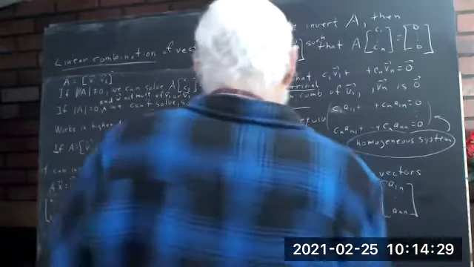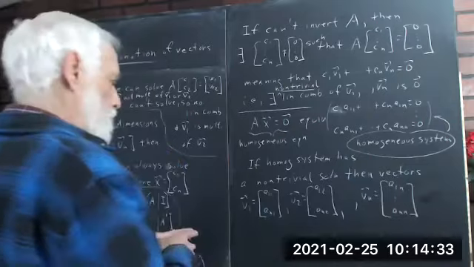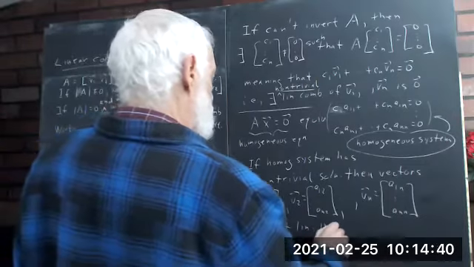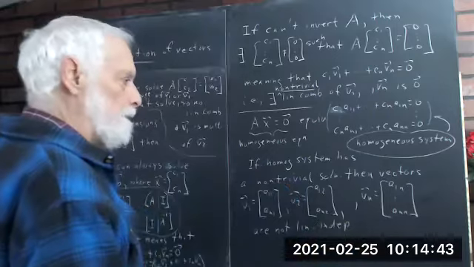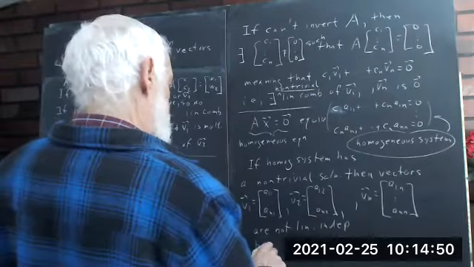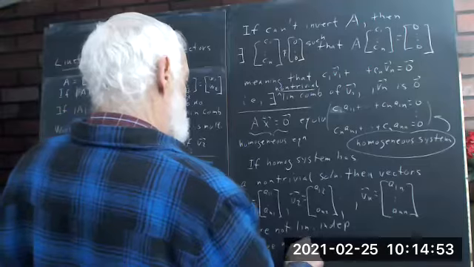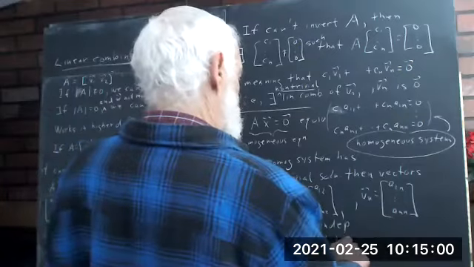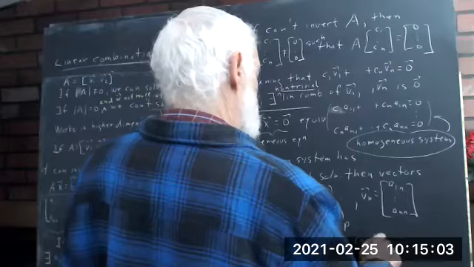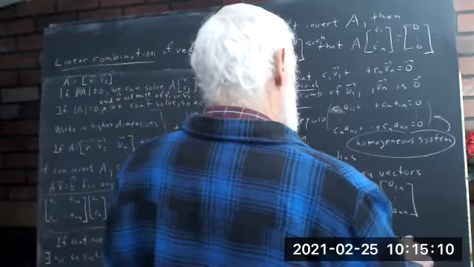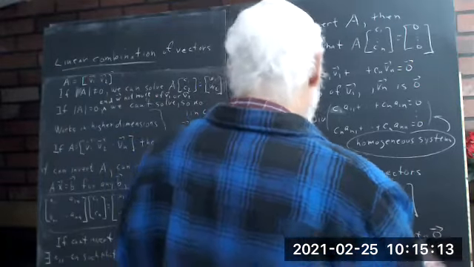I want to list a couple of conditions. These aren't linearly independent, they have a non-trivial linear combination equal to the zero vector.